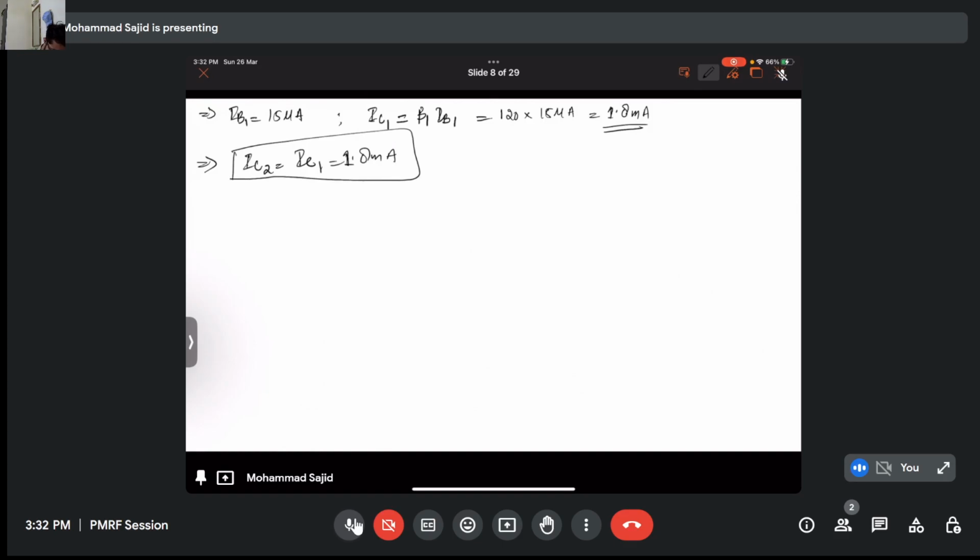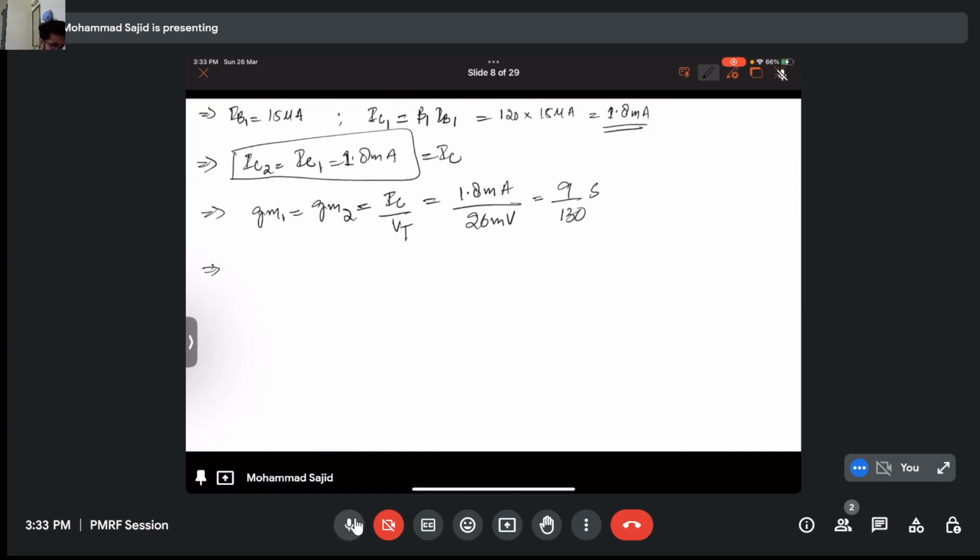Alright, so let's calculate. GM1, as I said, will be equivalent to GM2. That will be given by IC divided by VT. Let's now write these values: IC is 1.8 milliampere, VT is 26 millivolt, so it will be given by 0.069, or we can write it as a fraction 9 divided by 130 Siemens.